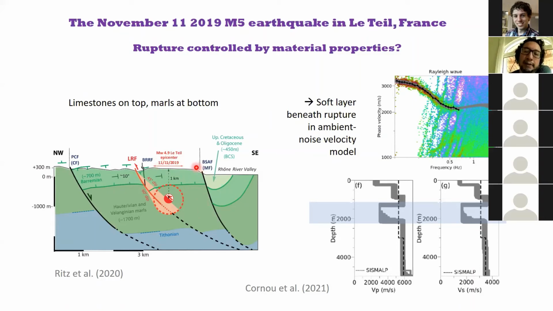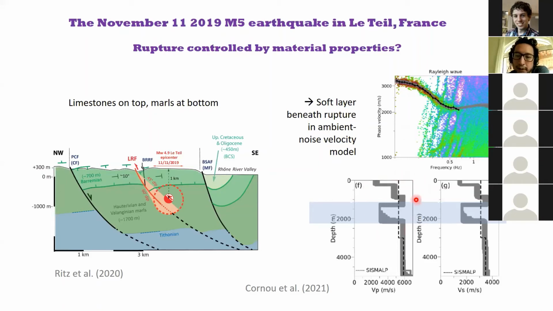The top layer is made of limestones, and then as we move deeper, we move into marls and mixtures of marls and limestones. And this is clearly seen in the inversions of depth profiles of seismic wave velocities inferred from analysis of surface waves from the seismic ambient noise.